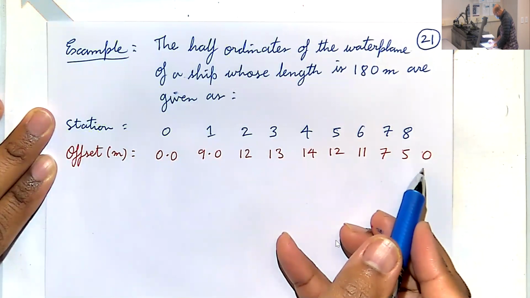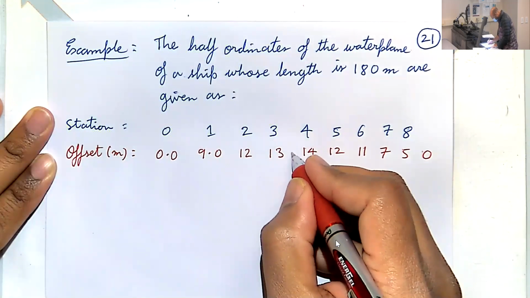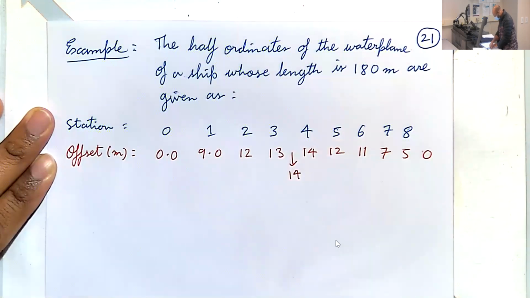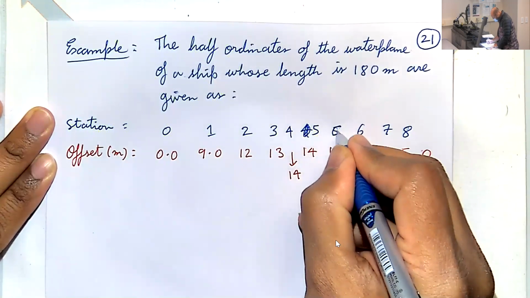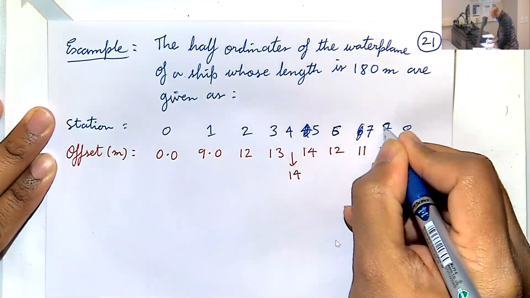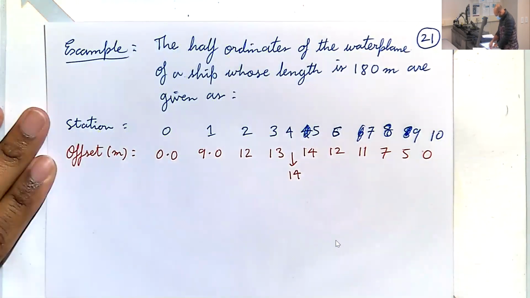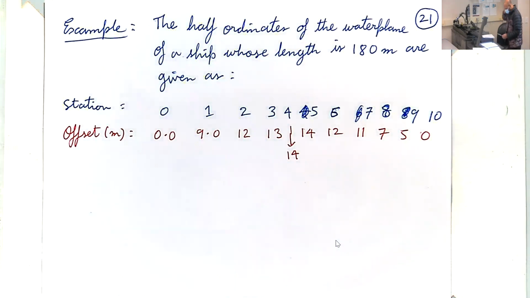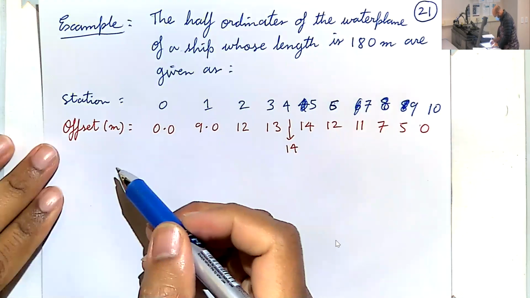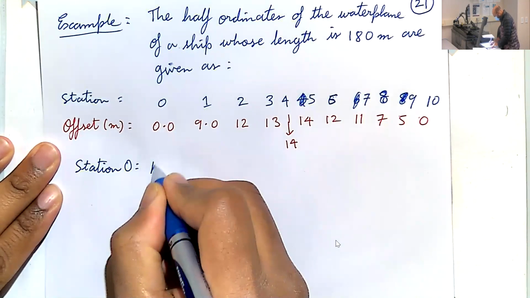Oh, I missed one. Two 14s. Okay, and station 0 is the aft perpendicular.